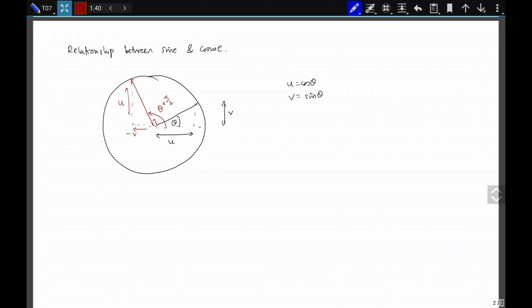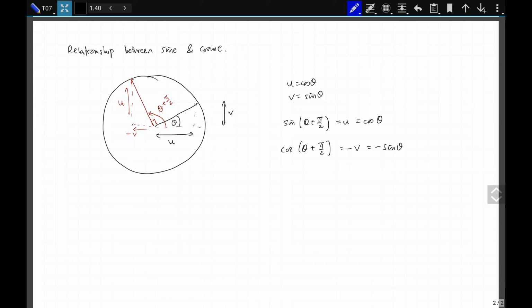And so therefore what we see is that the new height, sine of theta plus pi by 2, is equal to u, and that's equal to cos theta. And the new base, cosine of theta plus pi by 2, is equal to minus v, and that's equal to minus sine theta.